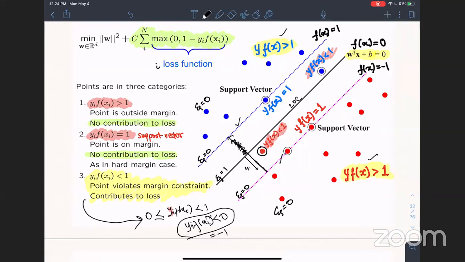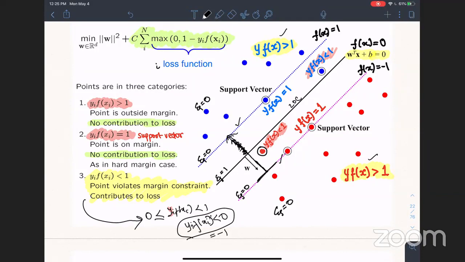So basically, it's a good measure. Why? Because as you move farther from your own margin, into other people's territory and away from your own country and own line of defense, you need to be penalized more and more. The amount of penalty assigned to you should increase as you move further from that margin.